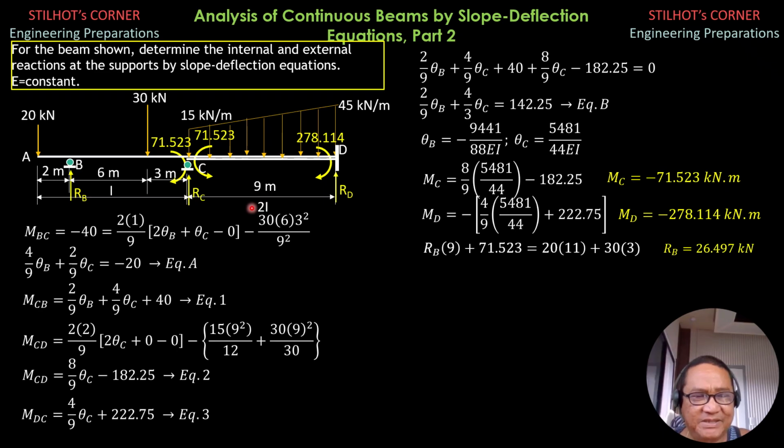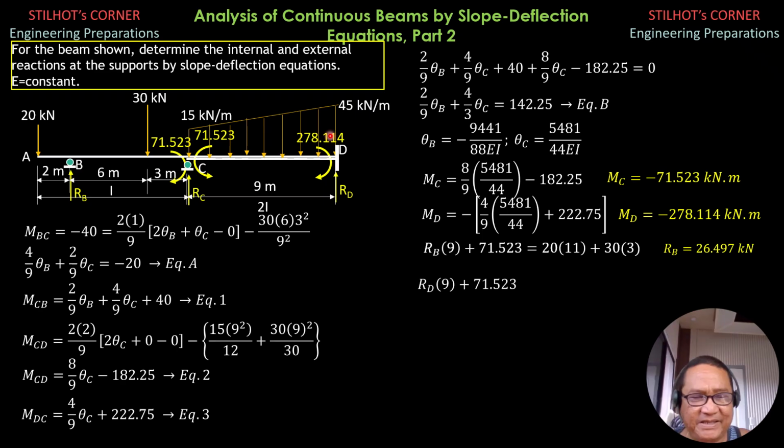So RD times 9 plus 71.523 equals 278.114 plus 15 times 9 times 4.5 plus 1 half of 9 times 4 times 30 times 6, supposedly.